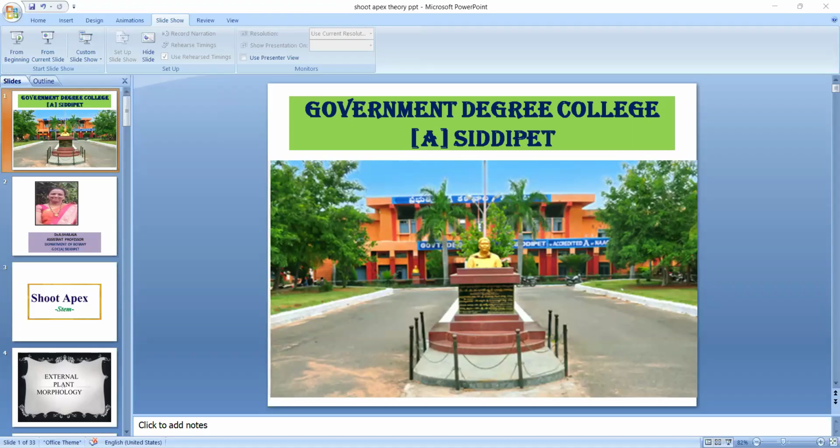See here, these are leaf primordia, the immature leaves of the shoot. In this picture it is clearly seen that the leaf primordia and the apical meristem are present at the tip of the shoot. Observe the apical bud, the bud scales, the axillary buds, the leaf scar and the bud scar.